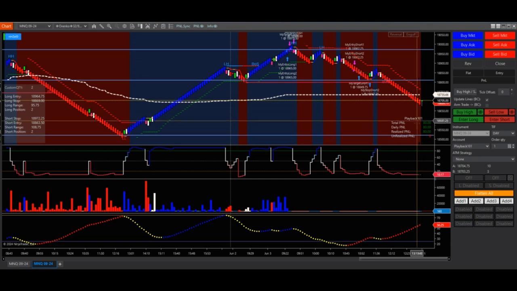And even here, another rule I have: if all my conditions are true and I've closed below the VWAP, sometimes you can take that trade. So it looks like it's about to reverse right here.